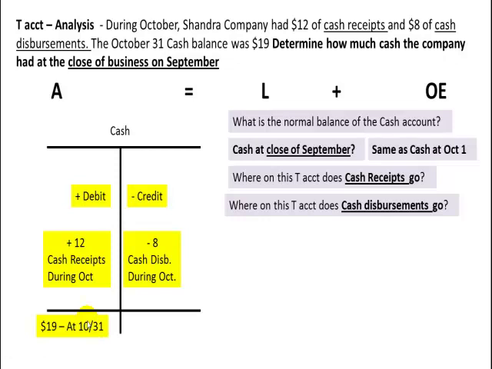And again, this closing balance of September is the same thing as the beginning of October cash balance. So that's what we're looking for right there. We're looking for the beginning balance of cash, knowing that we had $12 that went through on the debit side, $8 that went through on the credit side, and an ending balance of $19.